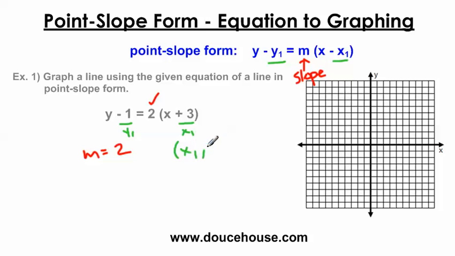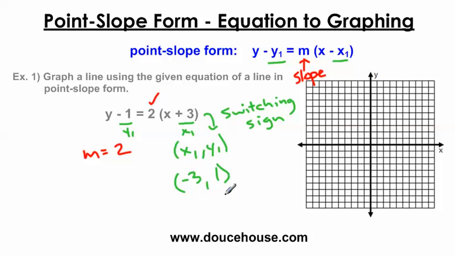When it goes from the equation down to the point, we actually end up switching the sign of the points. So this -1 on the y1 is actually going to be a coordinate that's a +1, and this +3 for x1 is actually going to become a -3. There's a little trick to the trade there.